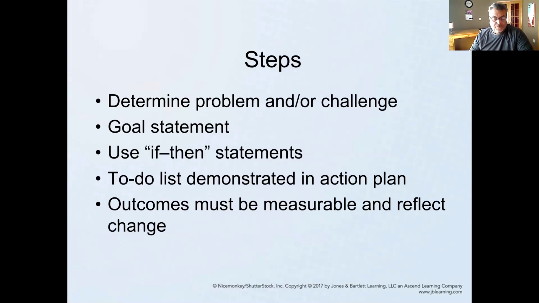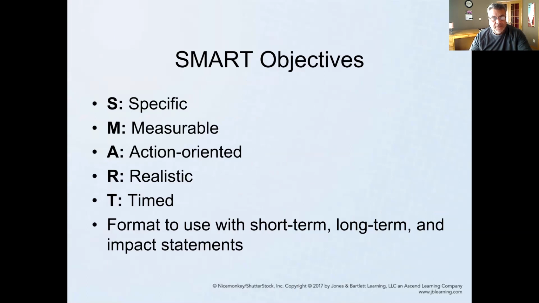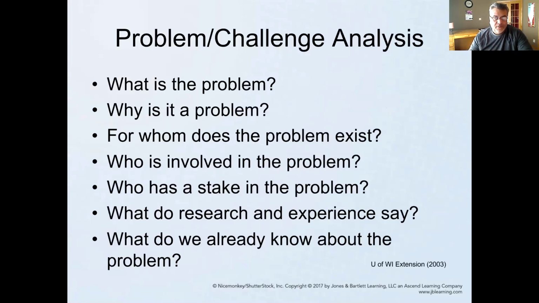And that would eventually lead you to think of outcomes as something measurable that reflects change. And this is basically what I really want you to think about when we talk about the SMART objectives and the problem or challenge analysis. And this is an individual assignment. Normally in the class, if we had met in person, it would have been a good group project, but things have changed and we have to adapt a little bit more.